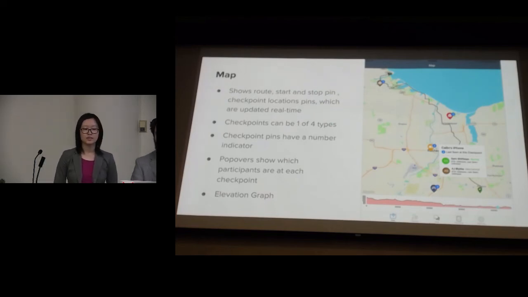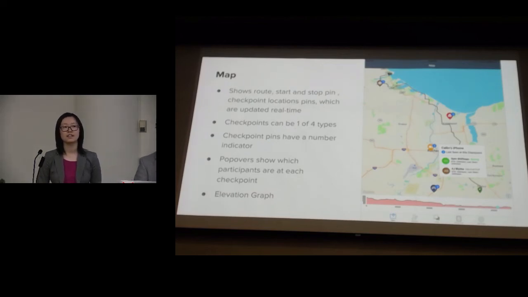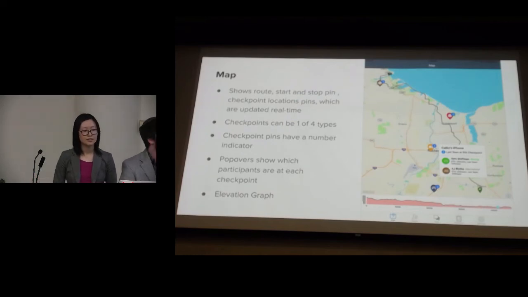So these pin locations and the number indicators update near real time on all devices signed into the app. And staff can use this map view to get a sense of where participants are based on what checkpoints they were last seen at.